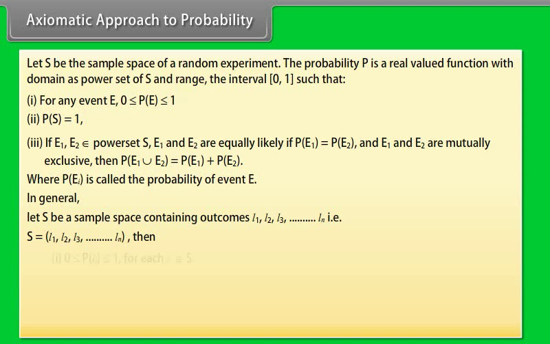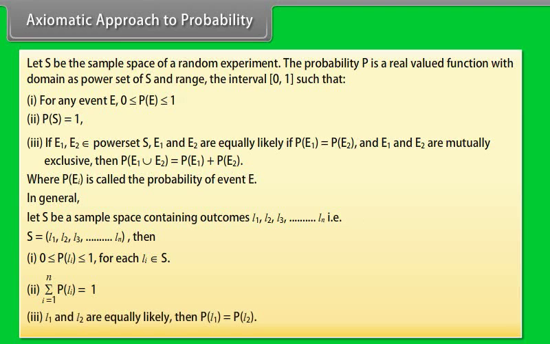Then 1. 0 is less than or equal to P(Li) less than or equal to 1 for each Li belonging to S. 2. Summation of i equal to 1 to n of probability of Li is equal to 1. 3. If L1 and L2 are equally likely, then P of L1 is equal to P of L2.